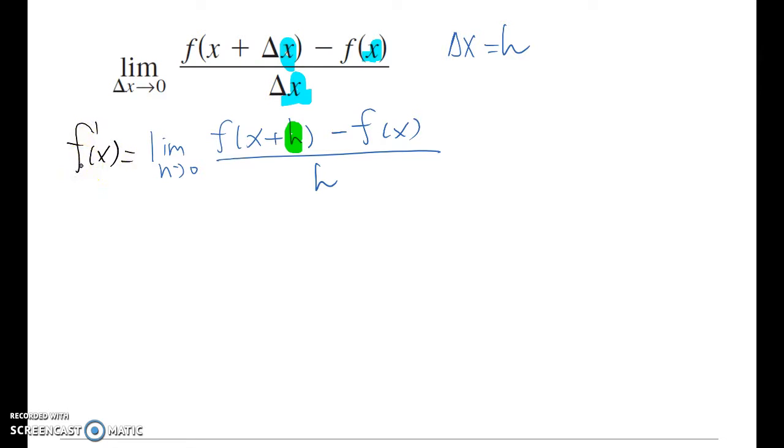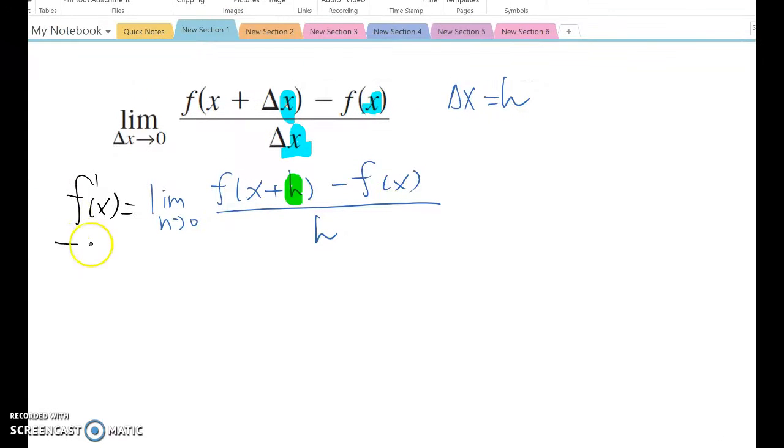And we also discussed that unless the function is linear, it won't have a constant slope, which means this answer is going to be some expression form such as 2x over 3x squared minus 4, something like that, right?